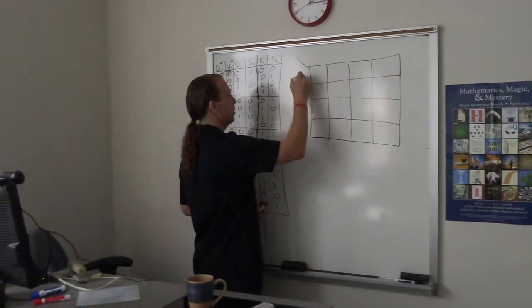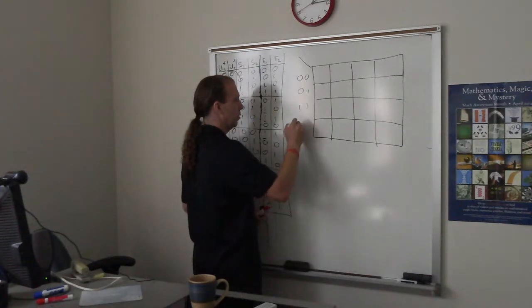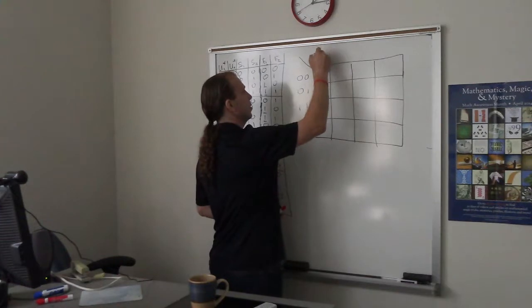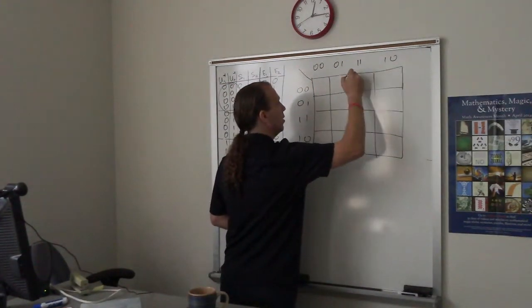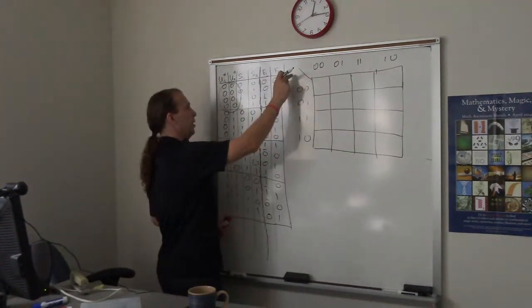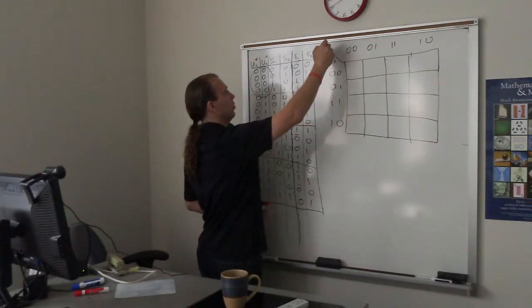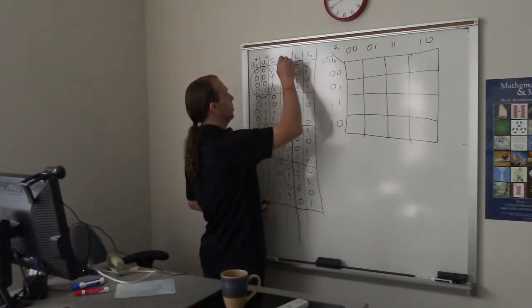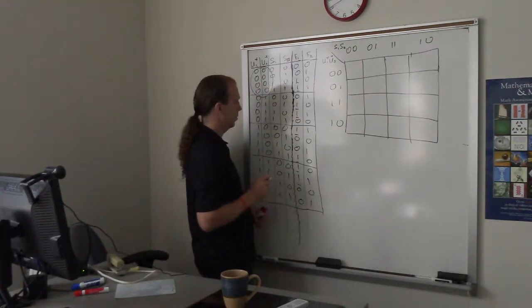So 0, 0, 0, 1, 1, 1, 1, 0, and we'll say that these two bits will be U1, U0, and these two bits will be S1, wait, it should be S0, the second one, S0.